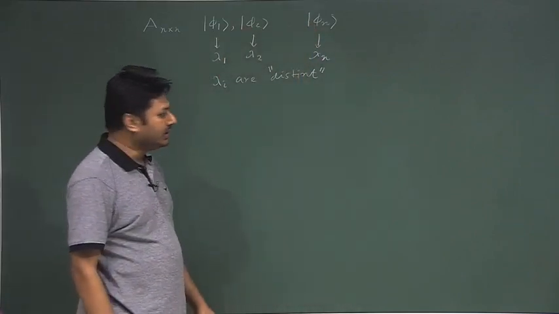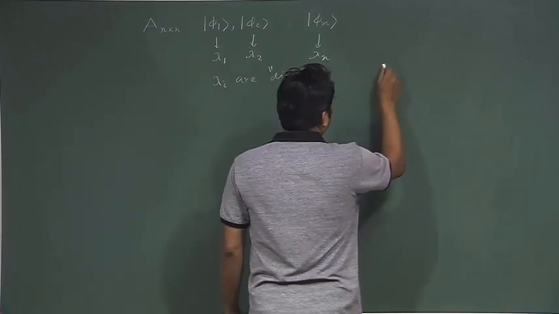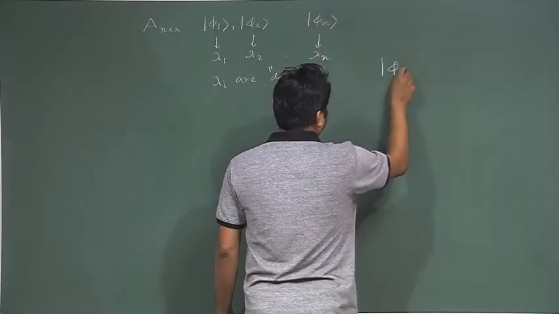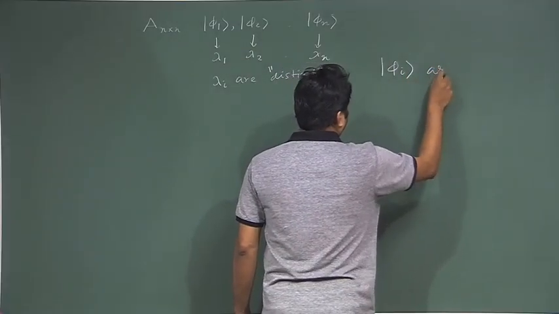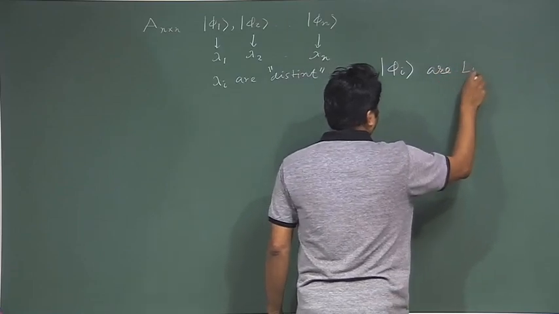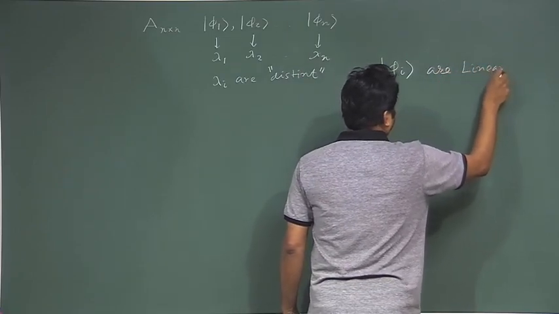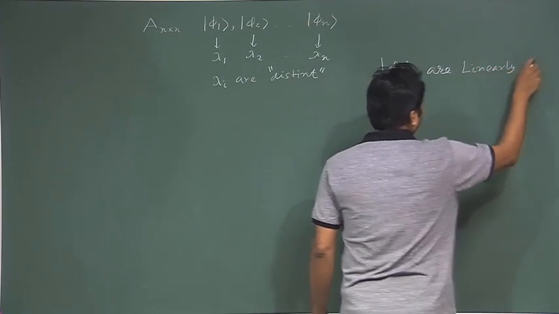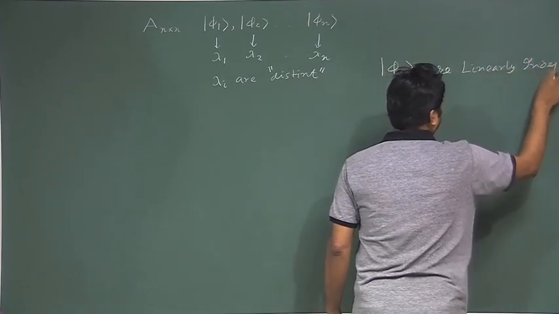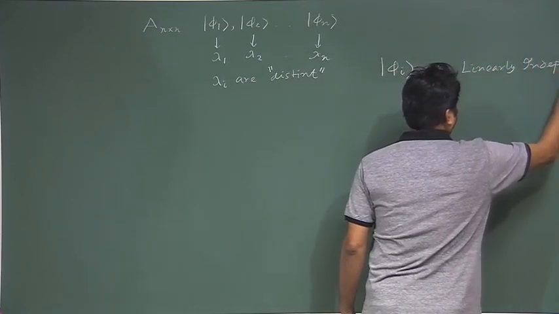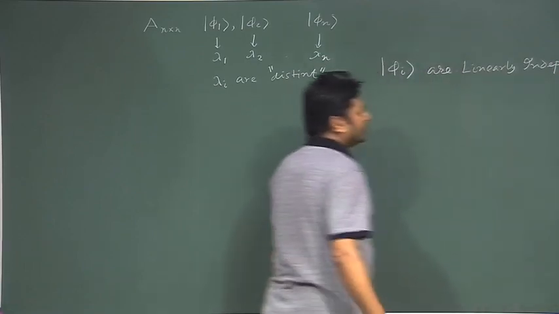What relationship did we get? That the phi i's are linearly independent to each other.